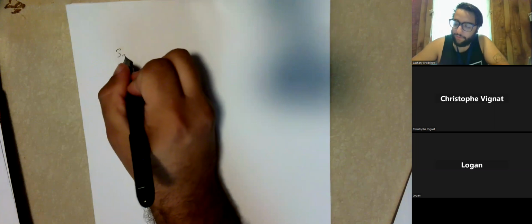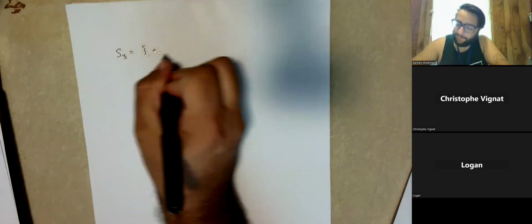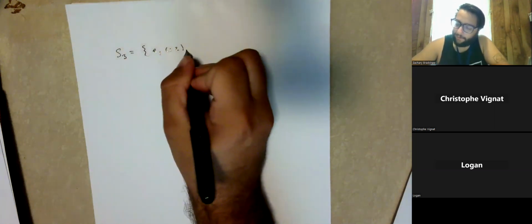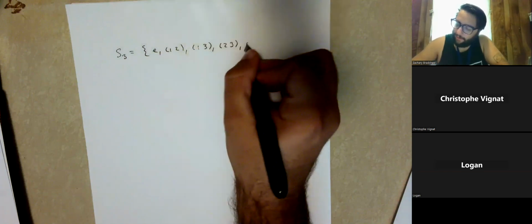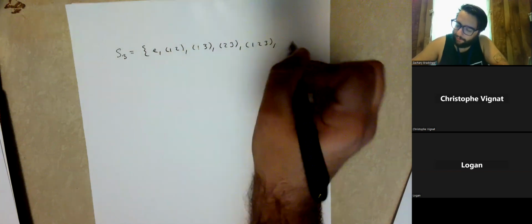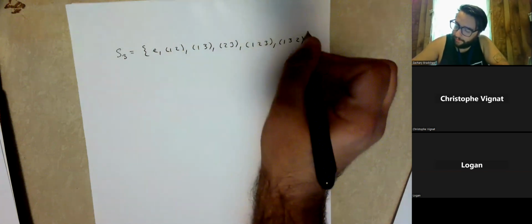So remember the group S3, which is the identity, (1 2), (1 3), (2 3), (1 2 3), and the (1 3 2) permutations.